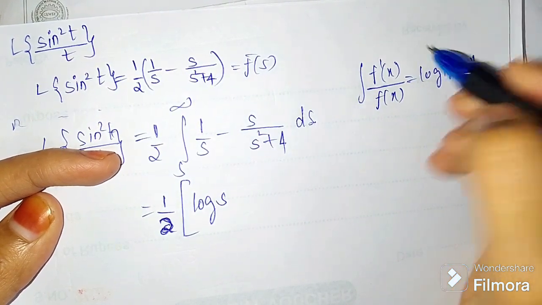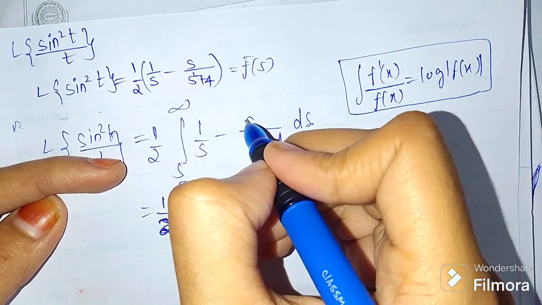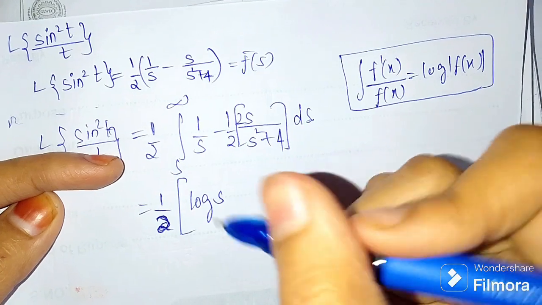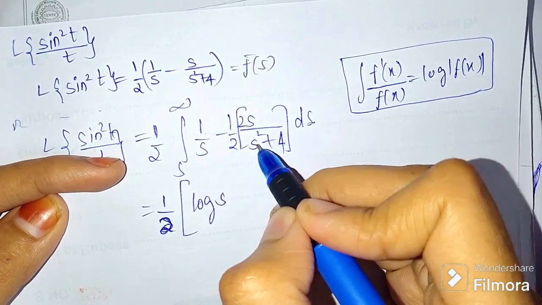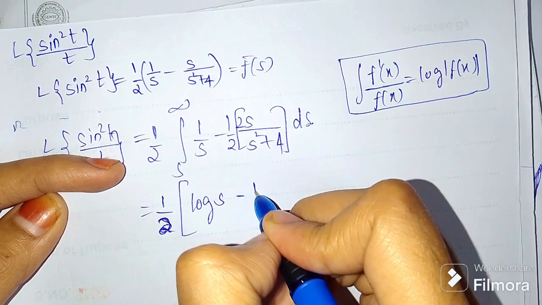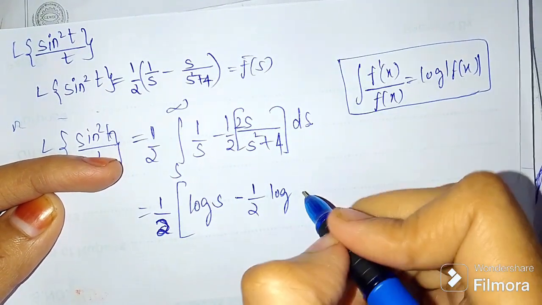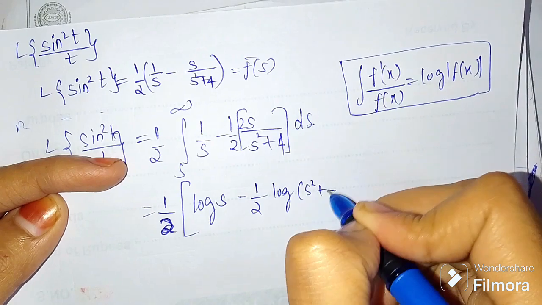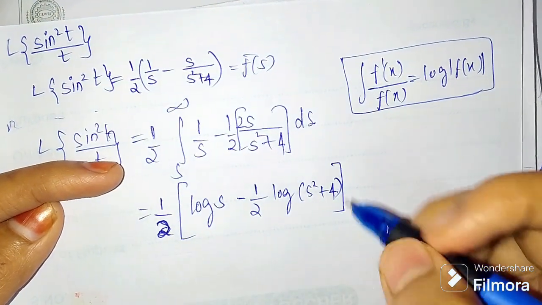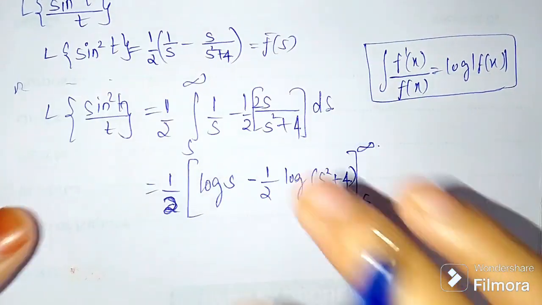This is a very important formula. Now if you multiply by 2 and divide by 2, you can see that the derivative of s square plus 4 is 2s, so this is satisfied. So let's write minus 1 by 2 log of (s square plus 4). No need to write mod because this is a positive function. Now my limits are from s to infinity, so you should be very careful while applying these limits.